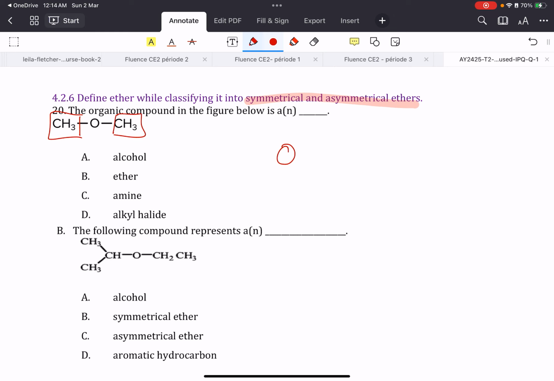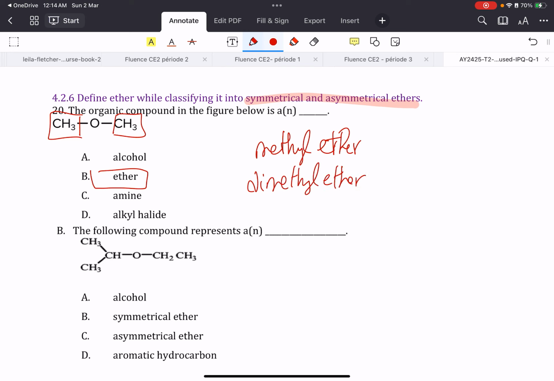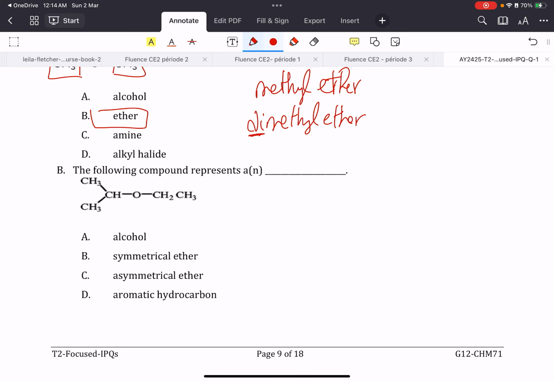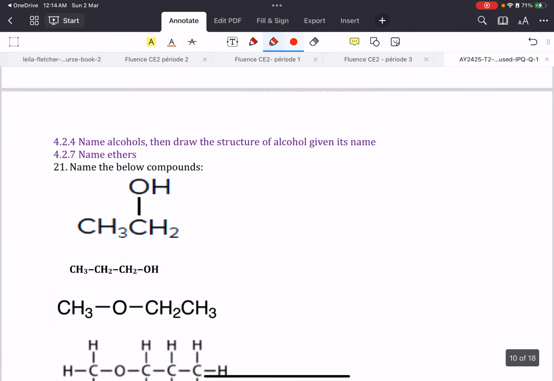Here, this is an ether, and specifically a methyl ether, or I can also name it dimethyl ether. Only in symmetrical ethers it is possible not to write the di, or if you write it, it's fine. Now the following compound is also an ether, but this time it is not the same from the left and right side, so we are talking about an asymmetrical ether.